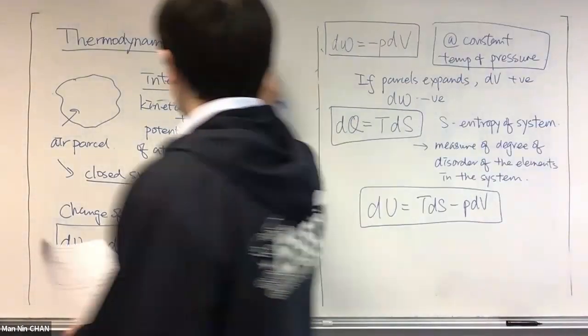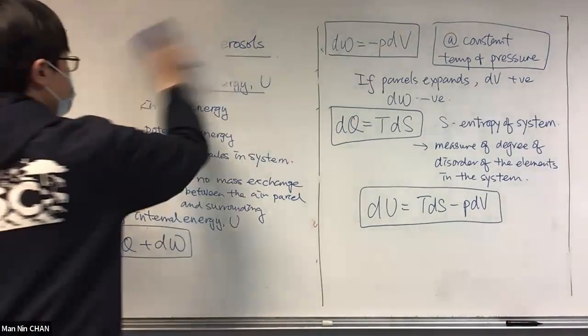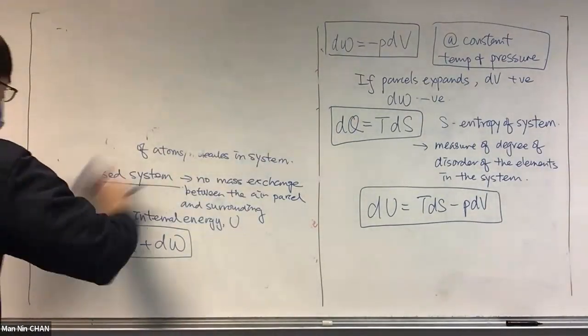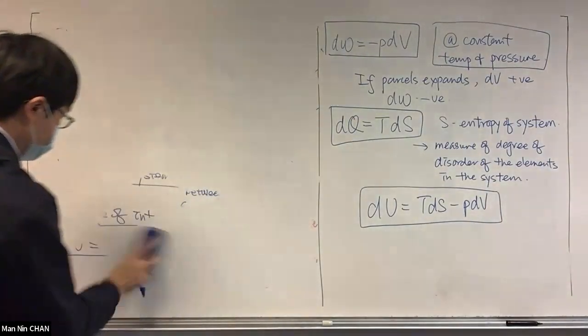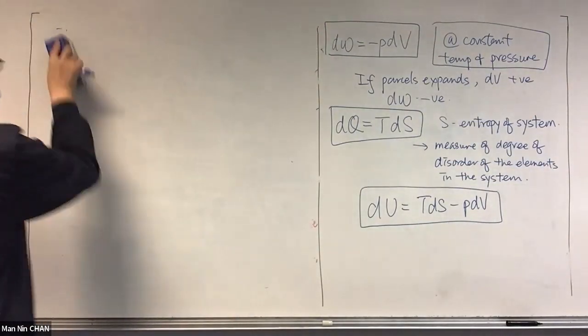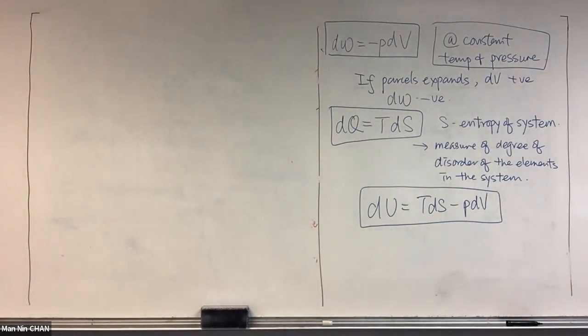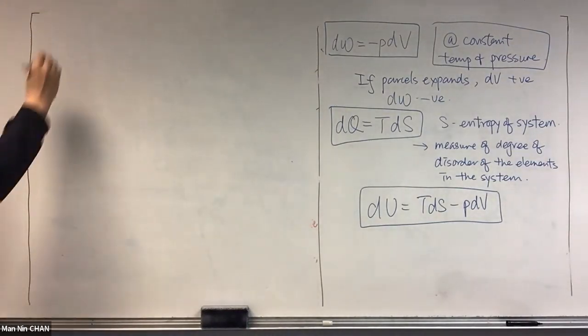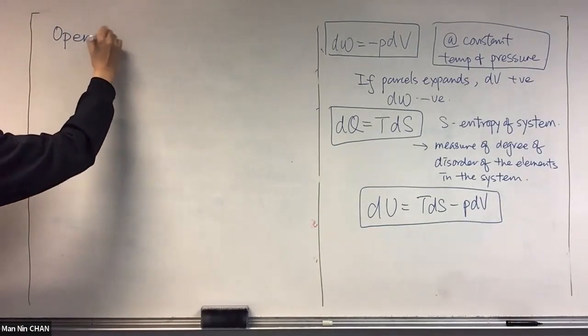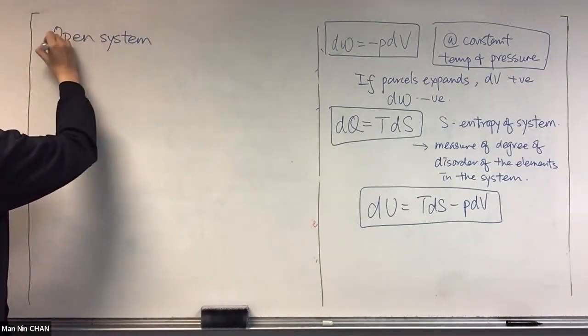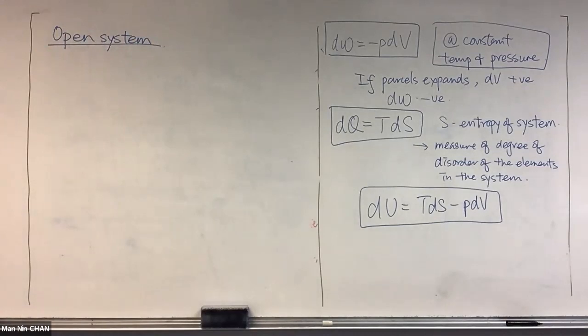In that case, we will be looking at a system called the open system, where your composition is changing, or you can have a variable composition.